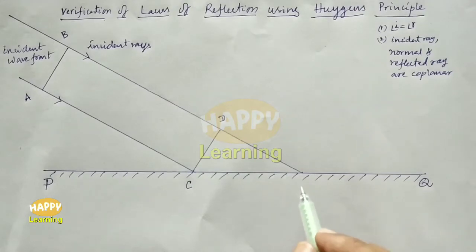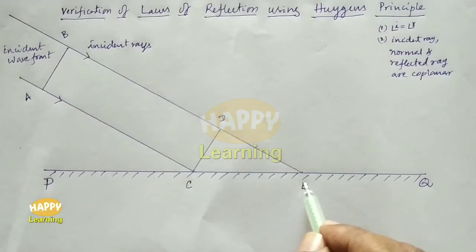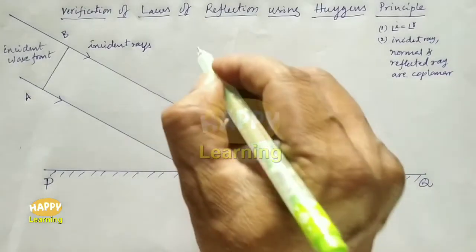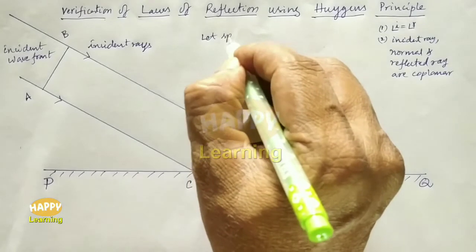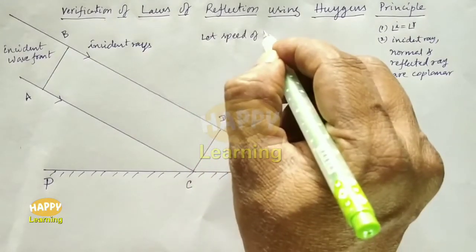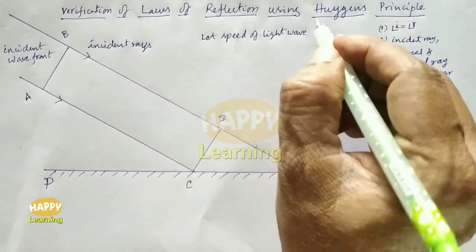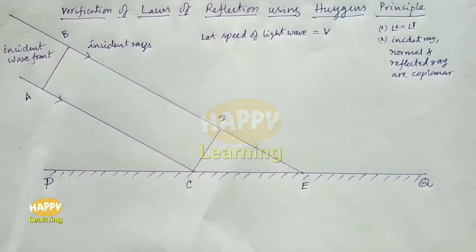The point where this ray touches the reflecting surface, let this point be E. Now let the speed of the light wave be V. Let time t equal to 0 here, and time t equal to t here.